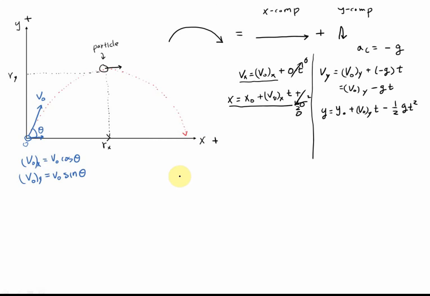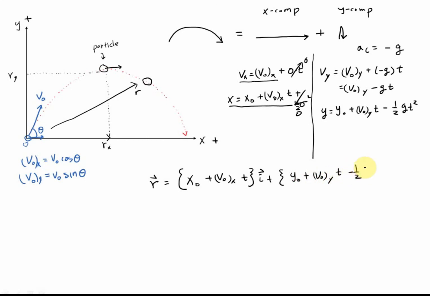So from now on, you know that for curvilinear motion at any given time, if you want to get the position r, your position r is equal to, if I rewrite this, (x0 + v0x t) i, and then (y0 + v0y t - 1/2 g t squared) j, right?